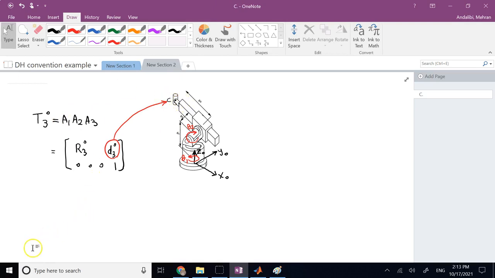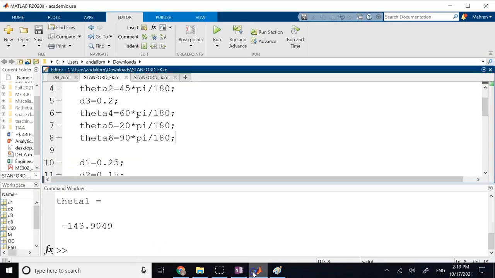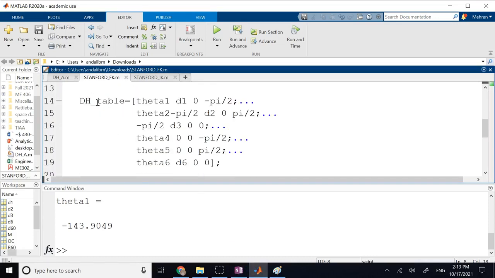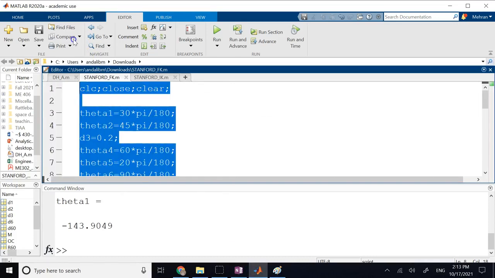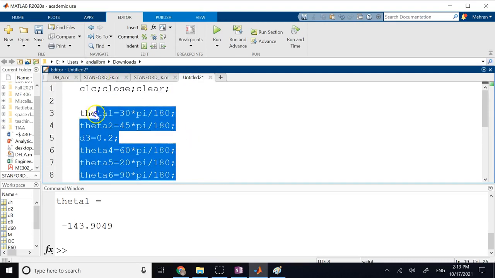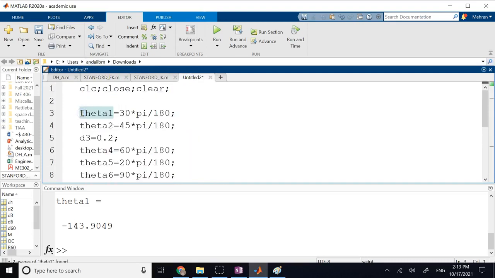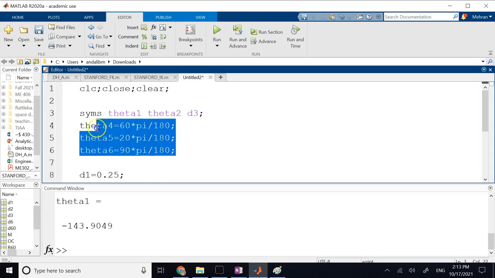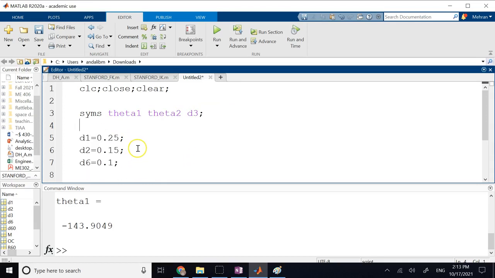For the variables. So let's go ahead and go back to the code that we had, right? This code. And in this code, all I need is to define my variables symbolically again. I use the same D1 and D2, but theta 1, theta 2, and D3, I will declare them all symbolic variables, right?